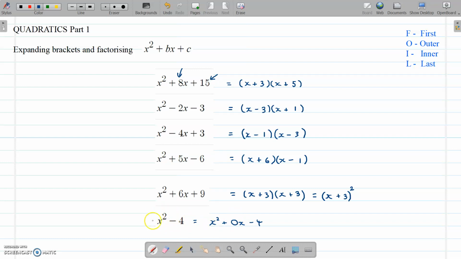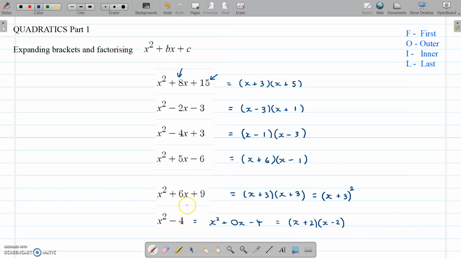So you could say that is exactly the same as this. So now I'm looking for the factors of -4 that add up to 0. Well, they would have to be 2 and -2, wouldn't they? So I write that as x plus 2 times x minus 2. Okay? But most times you would recognize that as the difference of 2 squares, and you wouldn't need to write this extra step in.